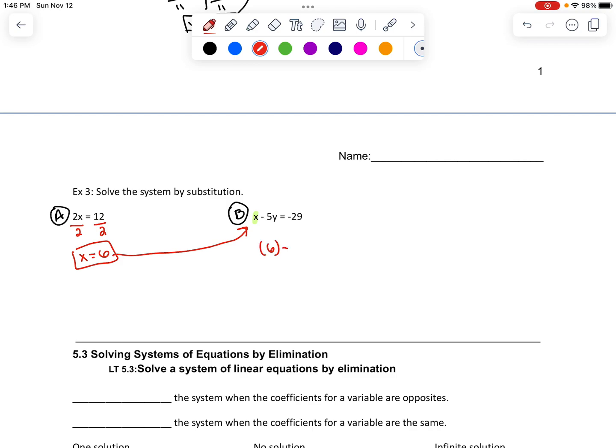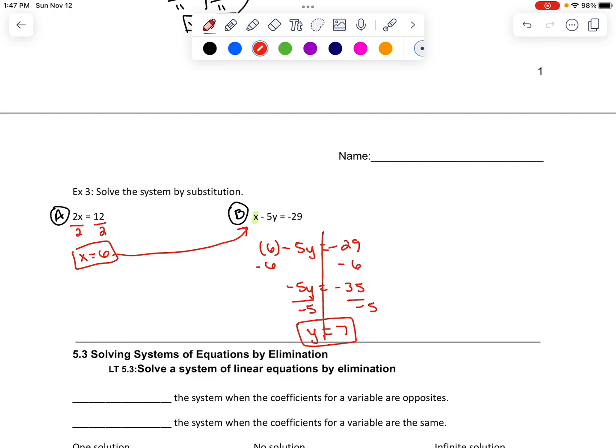So 6 minus 5y equals negative 29. Negative 5y equals negative 35. y equals 7.